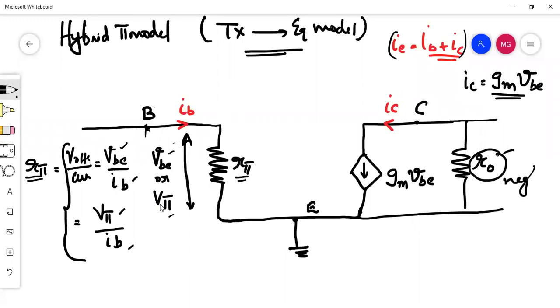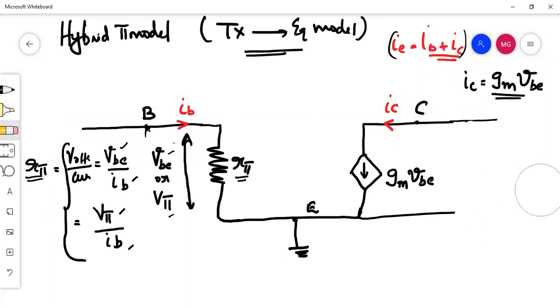We normally neglect it due to its large value. So this will be the basic equivalent model of a transistor. This is called the hybrid pi model of a transistor. If you are asked to draw the equivalent circuit or hybrid model of a transistor, this is what you need to draw. Is this clear?